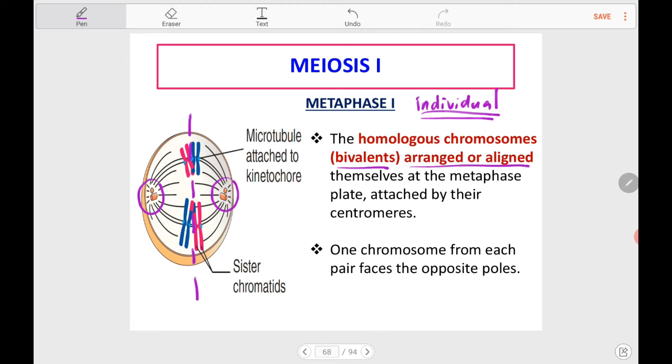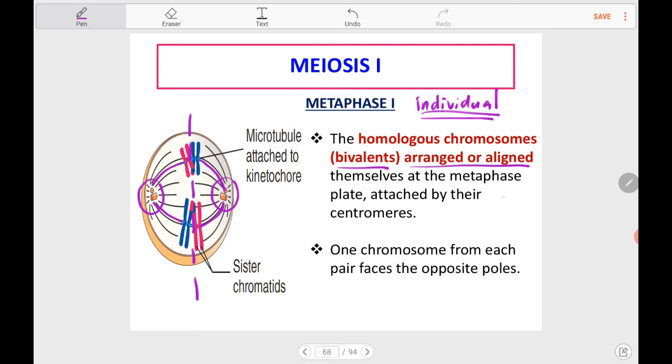So another difference that occur during metaphase 1 but did not occur during metaphase of mitosis adalah spindle fiber coming from each centrosome only attached to one of the centromere. So macam kita nampak dalam gambar ni. Okay, so the other centromere will attach to spindle fiber that came from the opposite pole.